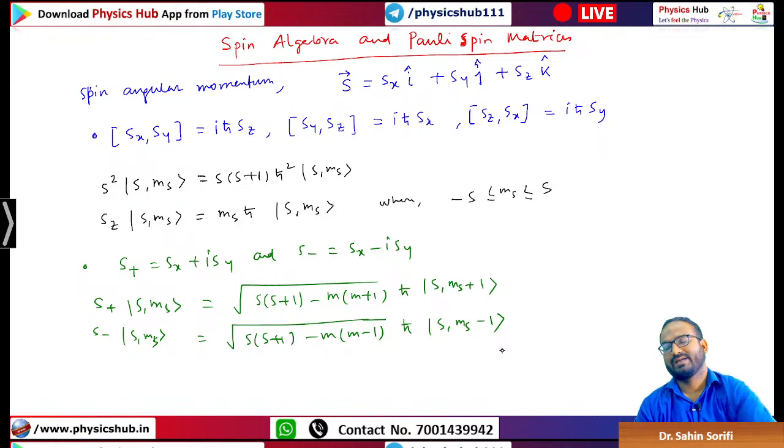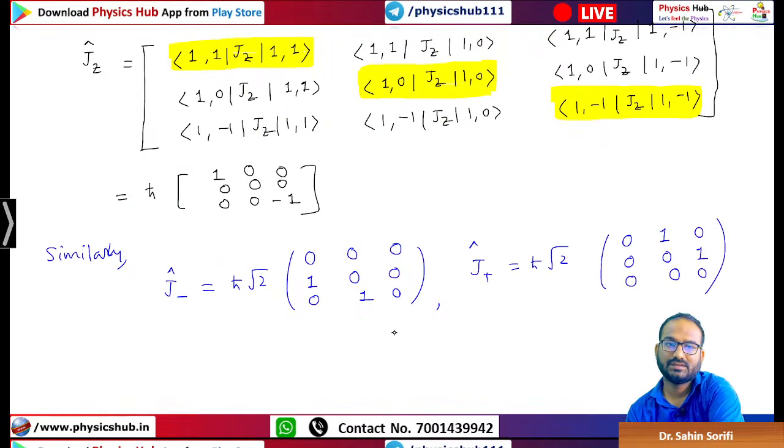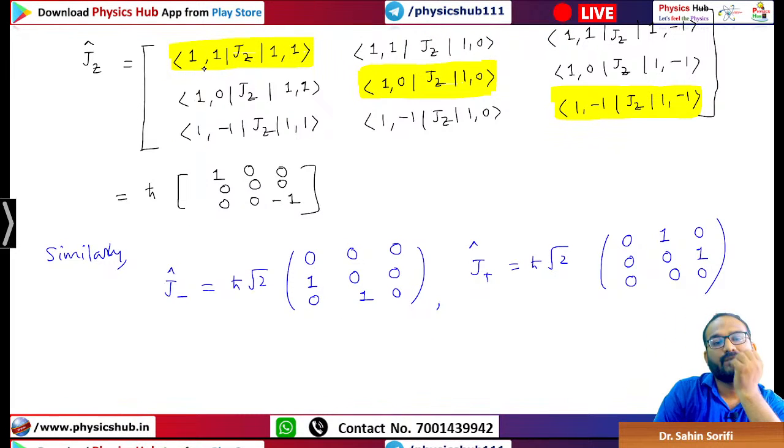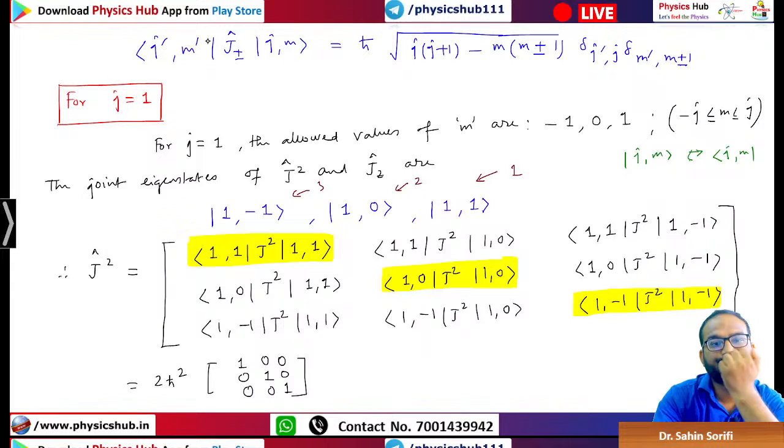This is a joint eigenstate. You don't think that it is separate. Okay, joint eigenstate. Because J needs to be written first, then you have to write M. Just imagine it in this way.